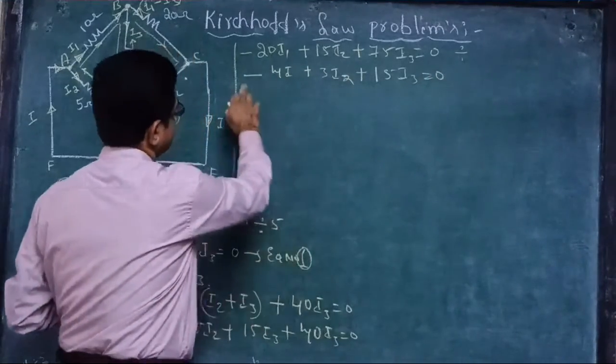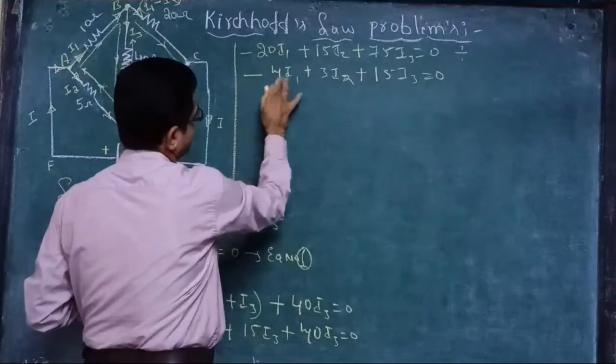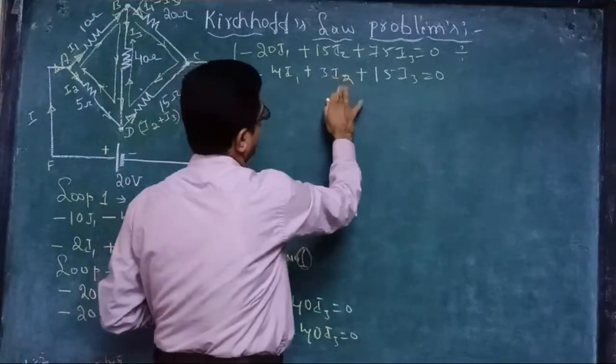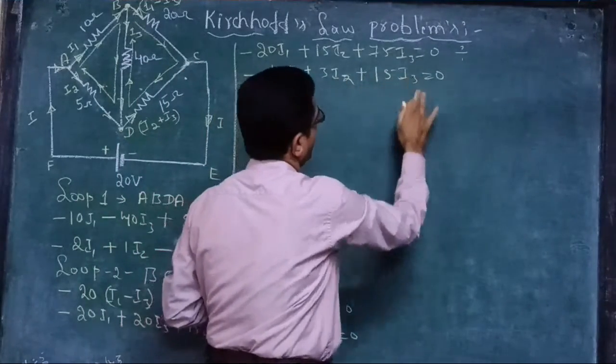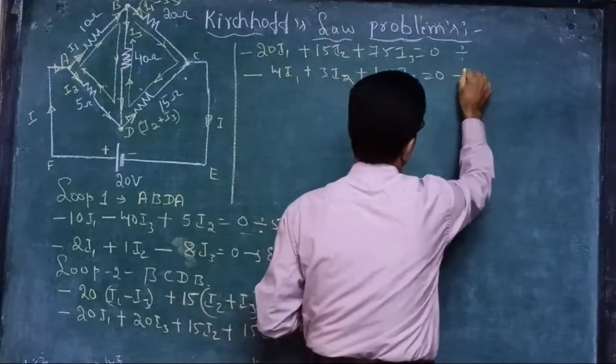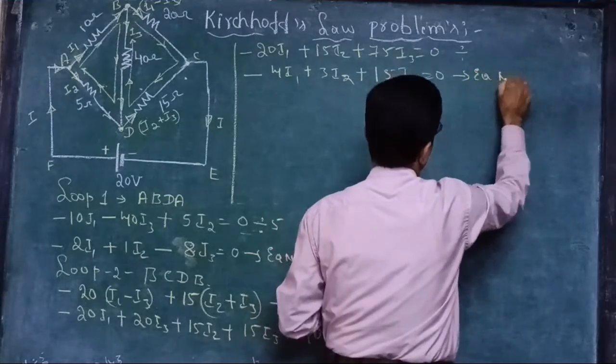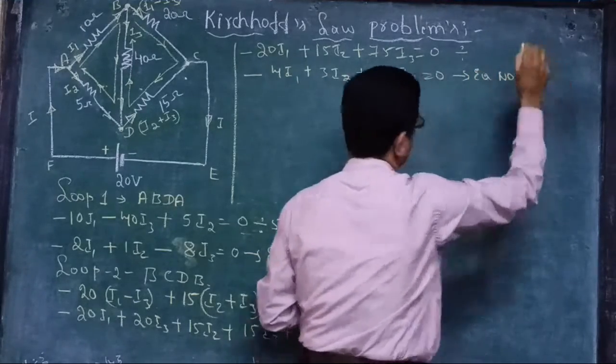So this is minus 4 I1 plus 3 I2 plus 15 I3 is equal to 0. This is equation number 2.